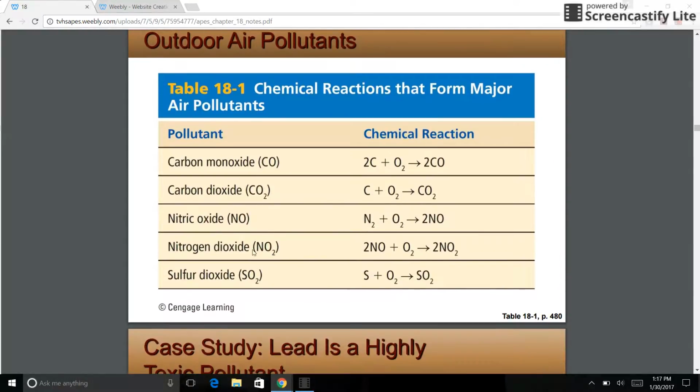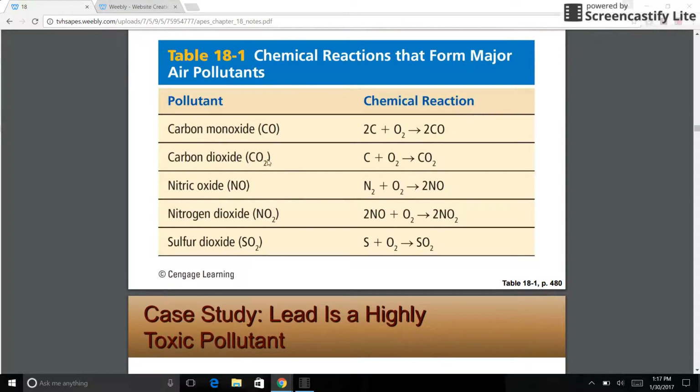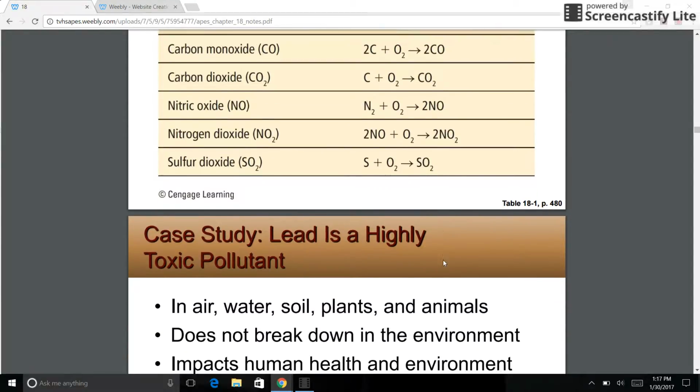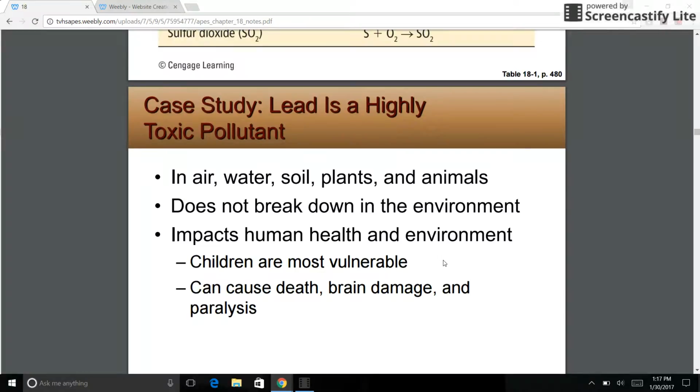Table of reactions, I cut this out of your notes just because this isn't something we're real concerned with right now, but this is showing you during the process of combustion, these are some of the things that form and how they form. Lead is the 6th criteria pollutant. Lead is emitted through the combustion mainly of coal, but also petroleum products. So you're getting a lot of lead that through the process of combustion is emitted into the atmosphere.